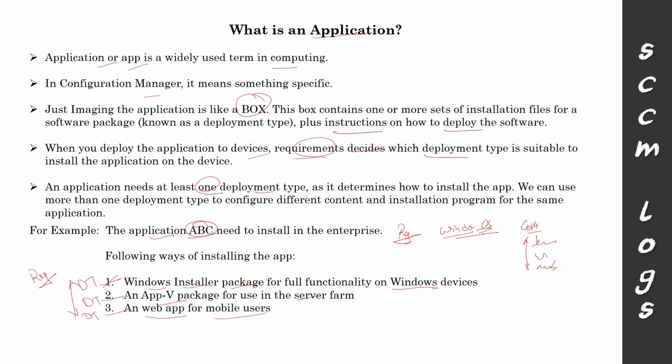When Windows OS is available, it will select those devices and provide the first deployment type, which is required for Windows devices, and it will install the application. Like this, application deployment works in SCCM. I hope you understand this concept.